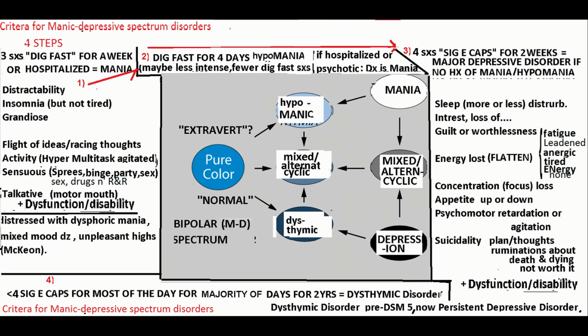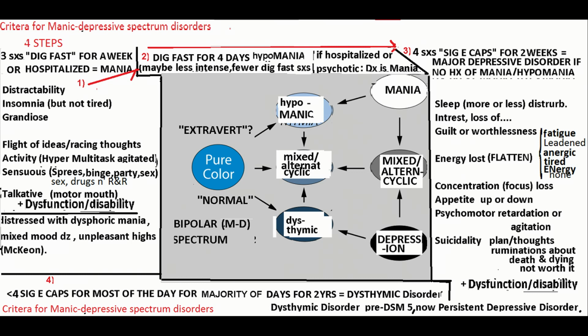And over in the upper left-hand corner there, you can see A1, and that's a list of symptoms, and this is seen in this DIG FAST, a mnemonic. You have to have 3 of these DIG FAST symptoms for a week or hospitalization to meet the criteria for mania. And of course, there has to be dysfunction and disability along with this.